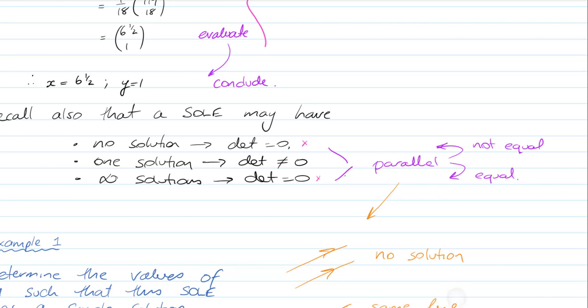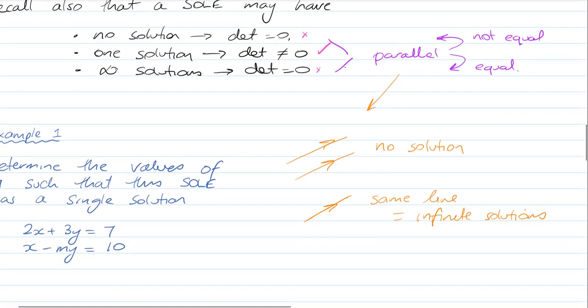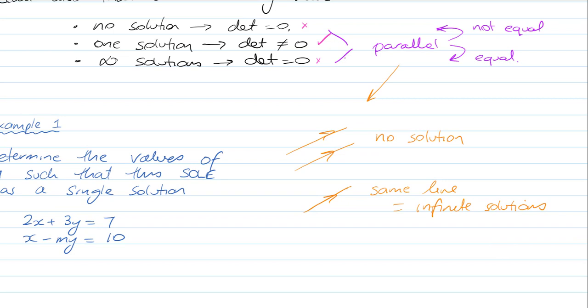If the determinant doesn't equal 0, then we definitely have one solution. In most cases, we have one solution. If the lines are parallel, we have no solution, but if it's the same line, then there are infinite solutions. When we get into 3 by 3 and 4 by 4, we're talking about planes and even beyond. So lines are a bit easier to visualise.